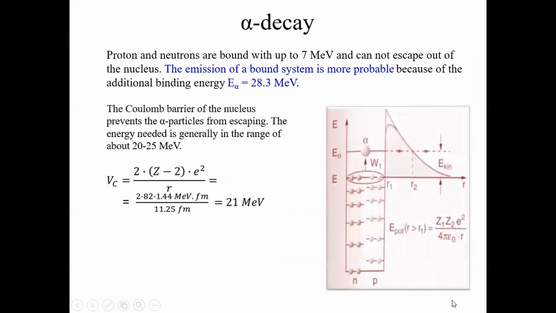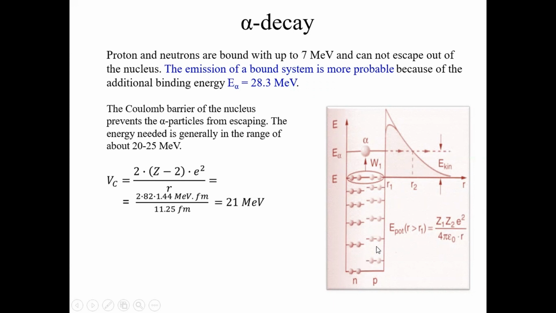And here is the pictorial representation of the potential well, a potential well in which the protons and the neutrons are bound. And once they are with energies far below the zero value, they are really bound and trapped.